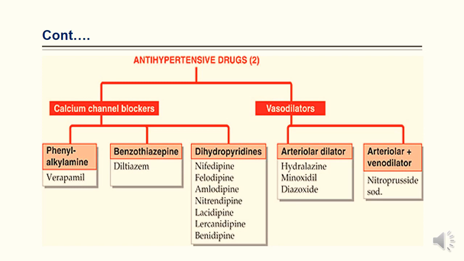Now move on to the vasodilators. The drugs are classified as arteriolar vasodilators such as hydralazine and minoxidil, and arteriolar and venodilators such as nitroprusside sodium. Hydralazine, dihydralazine and minoxidil are not used as primary drugs to treat hypertension.